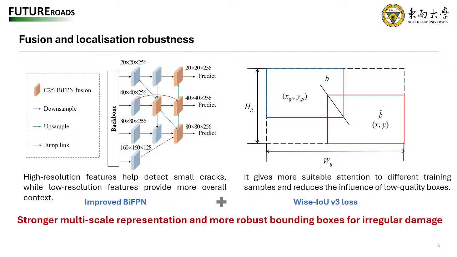Here we first use an improved BiFPN for combining the different information. Specifically, the high resolution features help us detect cracks, while the low resolution features provide more overall context. Then we use the WiseIoU v3 loss function to give more suitable attention to different training samples. Finally, our model provides stronger multi-scale representation and more robust bounding boxes for irregular damage.